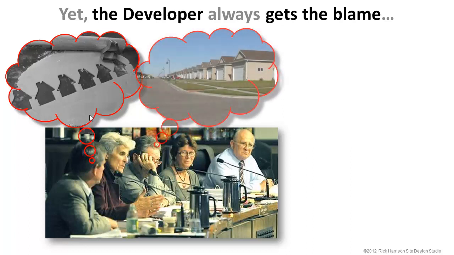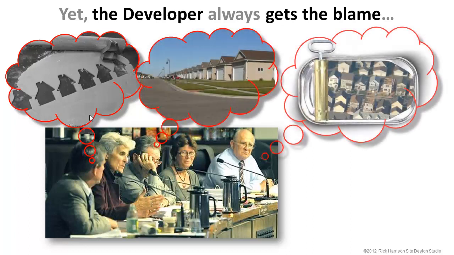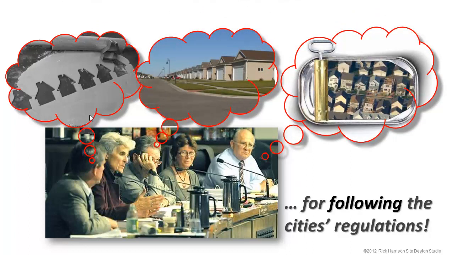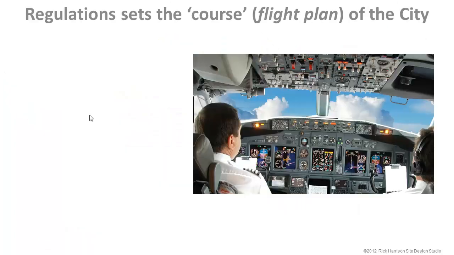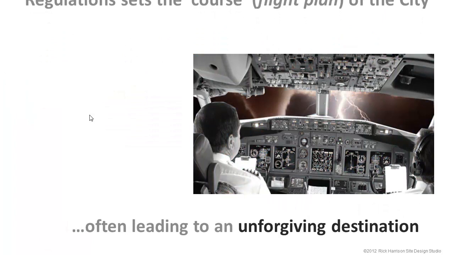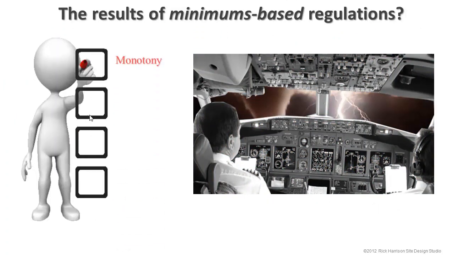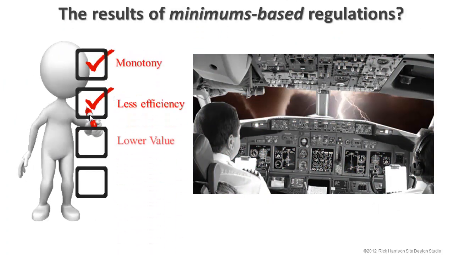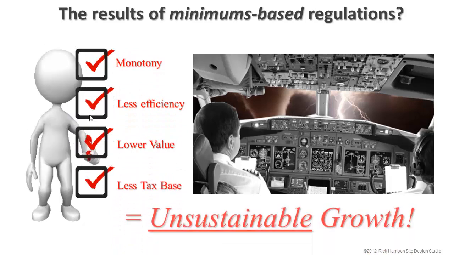Meanwhile, the developer gets the blame for following the minimums that the city tells them to follow. The problem is a set of regulations sets the course of the city, and the destination can be pretty bad. That's why you have this unsustainable world that we live in.